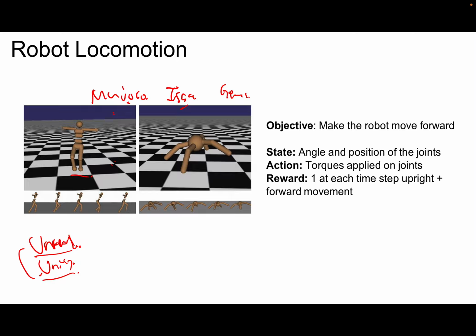MuJoCo, Isaac, and Genesis are usually called physics simulators, while these are game engines, because the physics laws in this kind of video game are a little bit loosely defined. So there are some physics failure cases in Unreal and Unity to make them visually pleasant. The goal of such a video game engine is making visually pleasant rendering.